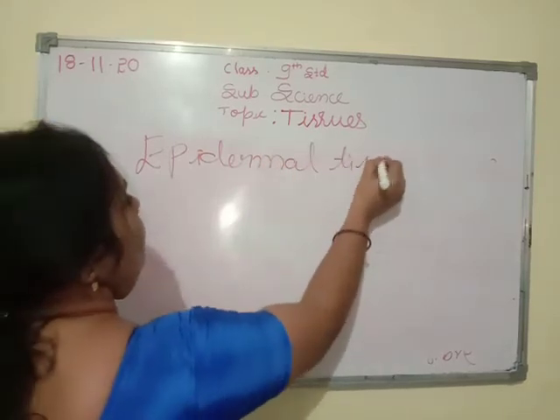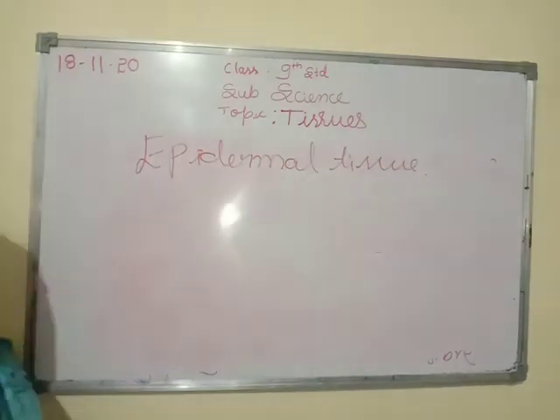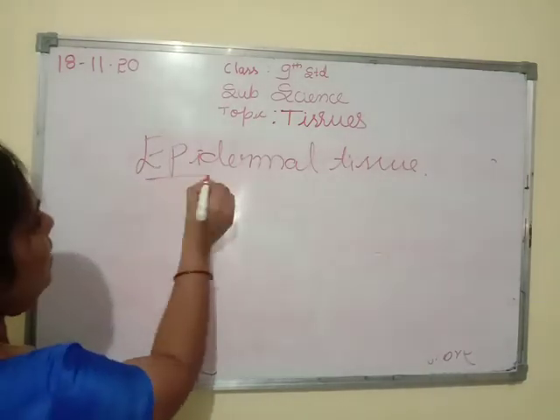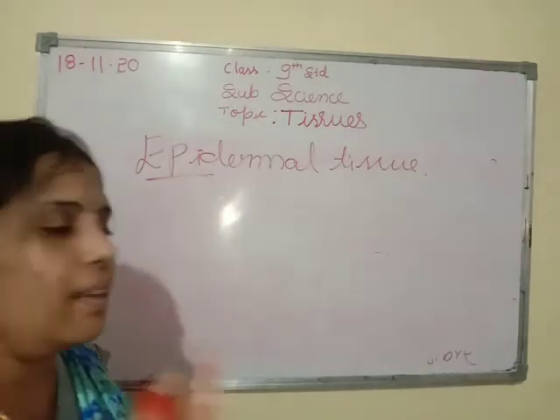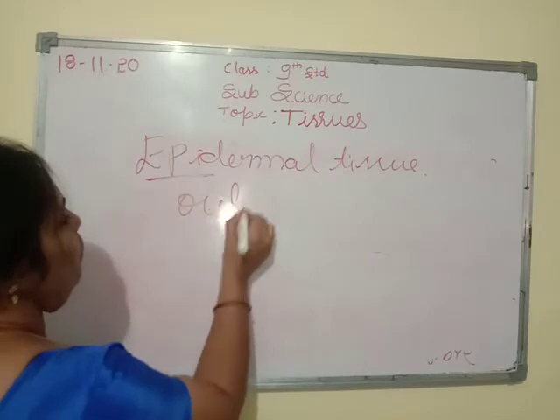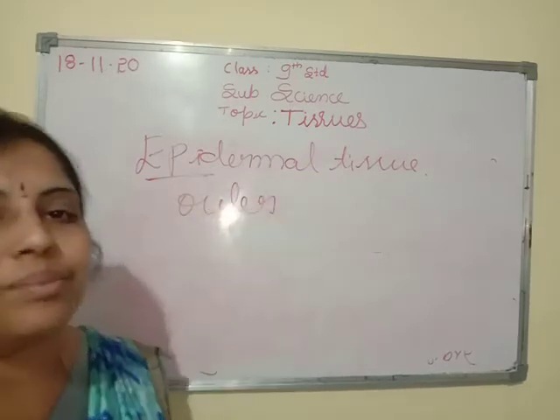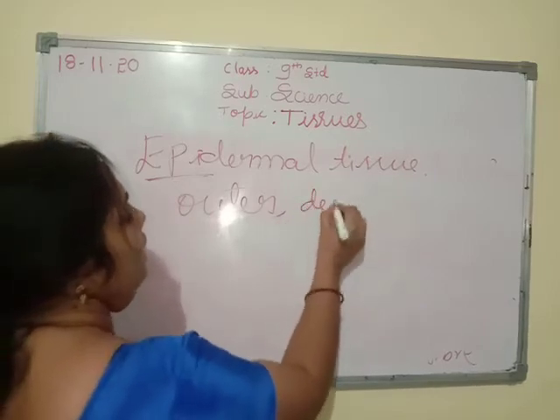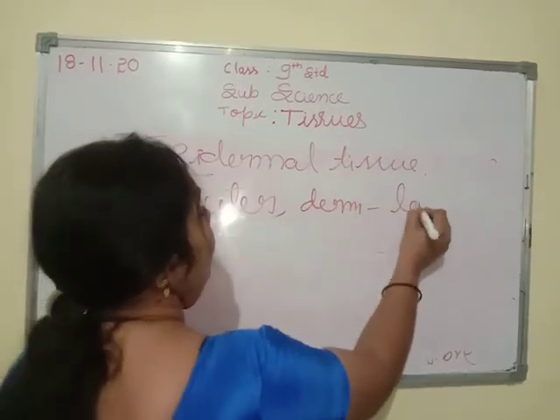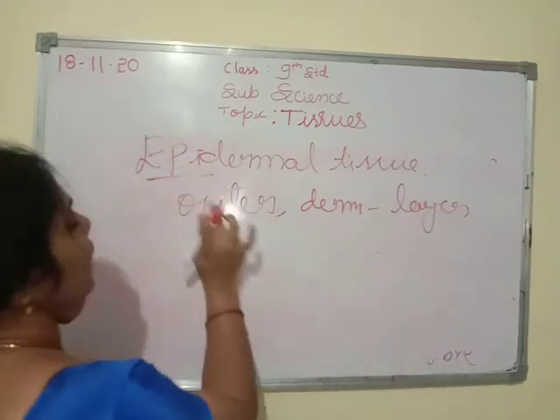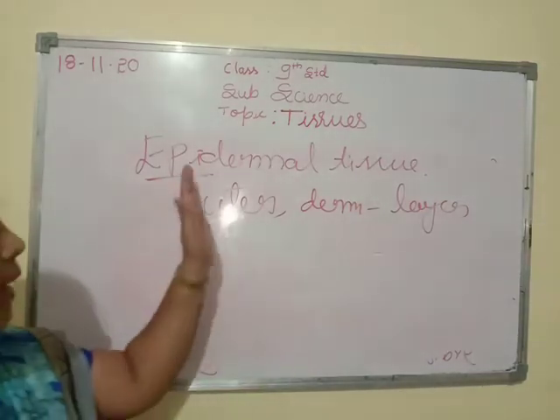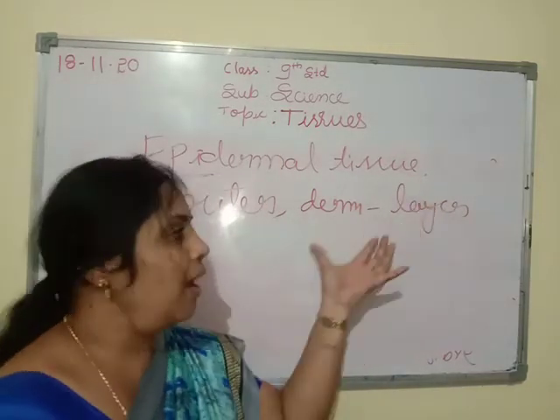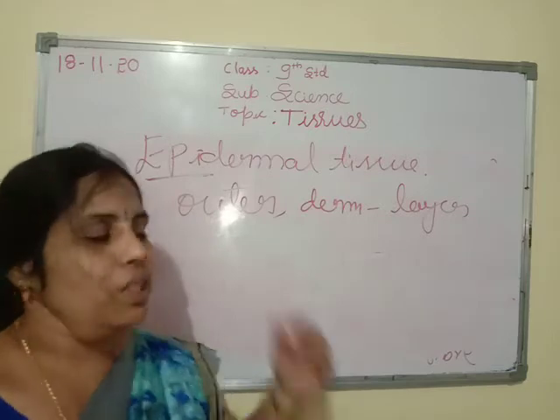As the name says, epi means outer layer, derm means layer. So epidermal tissue is the tissue made up of the outer layer.